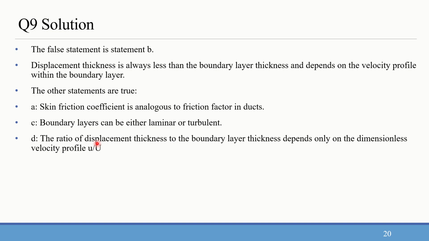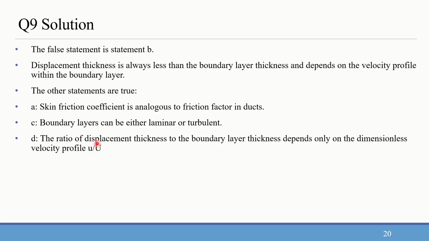So B is wrong because displacement thickness is always less than the boundary layer thickness and depends on the velocity profile within the boundary layer. We'll be seeing a few problems on displacement thickness as well. So yeah, we'll see that.